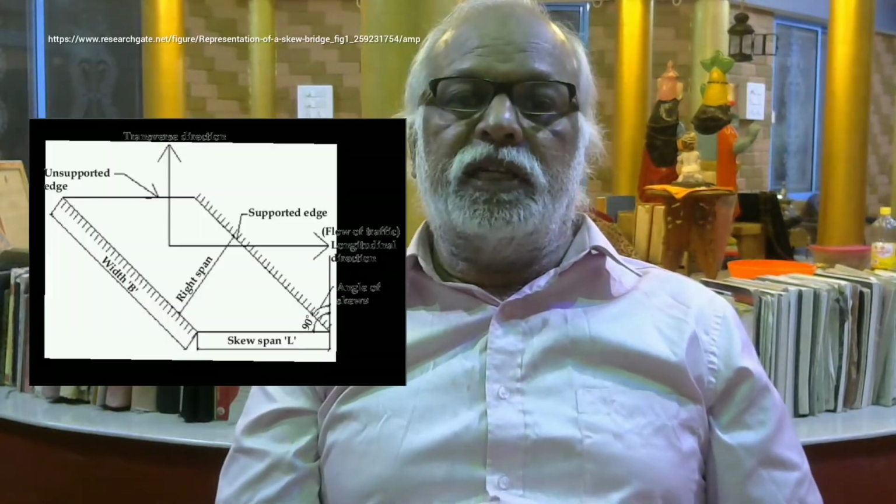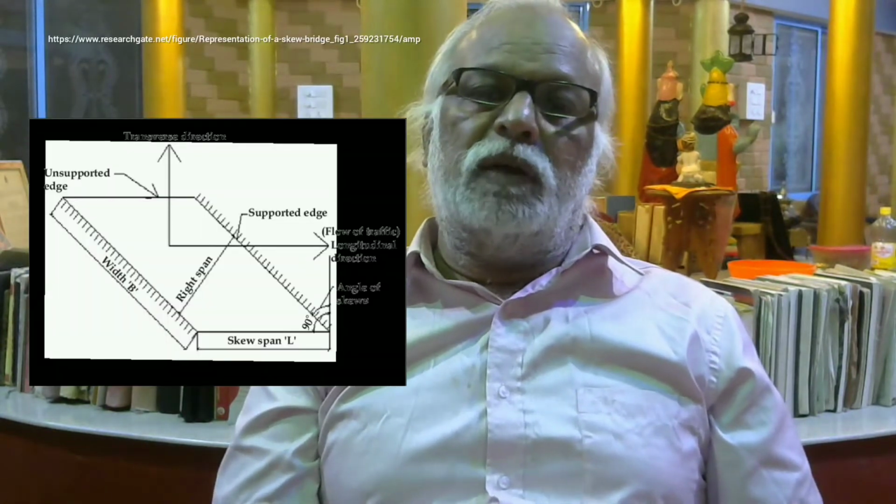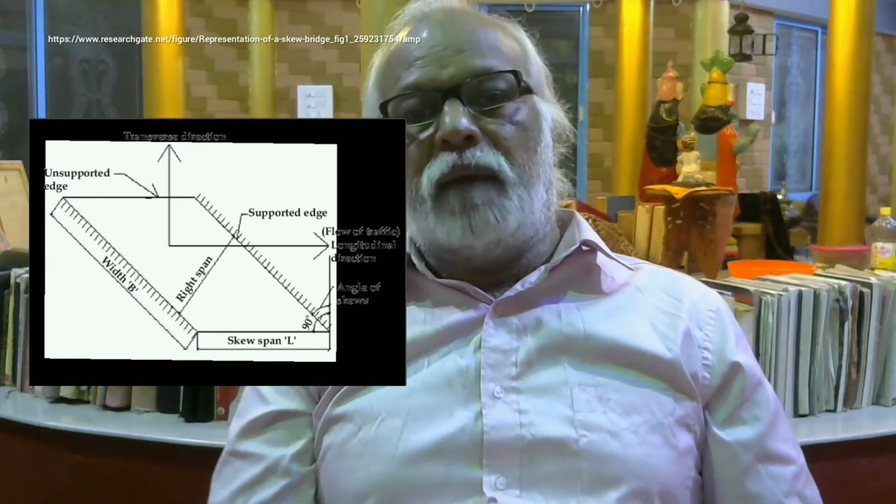So the operating platform will be in such a way that the shutters are not in the same vertical plane, they will get staggered. And that type of bridge which is inclined to the flow is called a skew bridge. So the road is skew, coupled with the canal regulator with the top platform for operating the regulator.